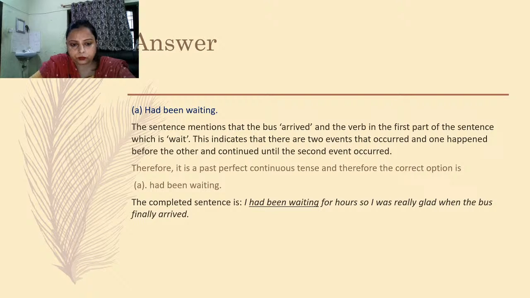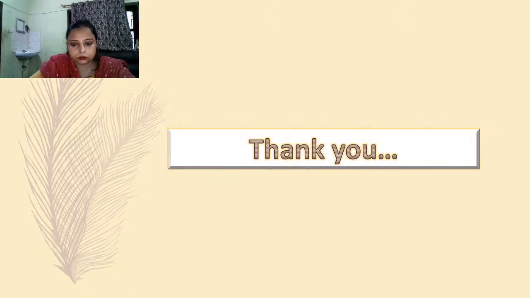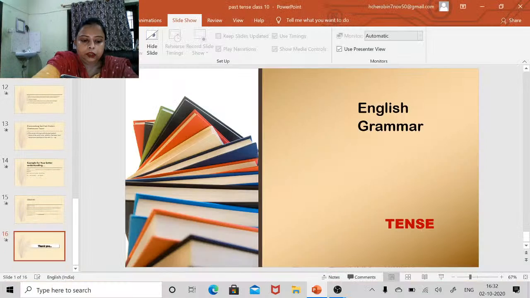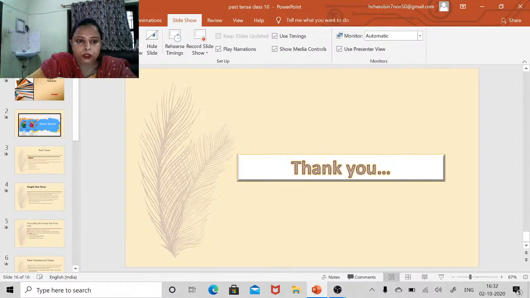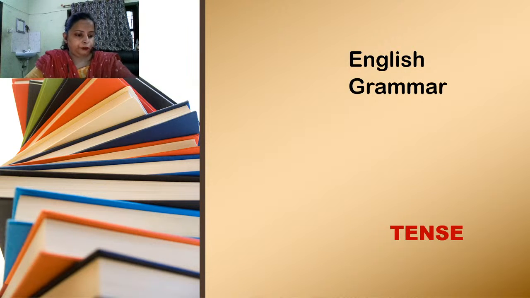Now children, I would like you to make a note of a few formulas that I would like to discuss with you. Now if we talk about the past perfect tense, just write down the rules for the affirmative sentences.